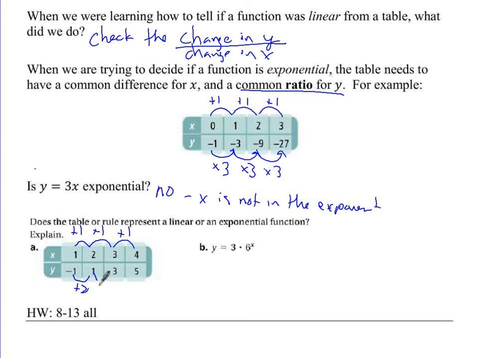Plus 2, plus 2, plus 2. So is that an exponential function? If we're adding 2 in y each time. No, it's not. What is it, actually? We're changing the same amount each time here. We're adding. Same amount each time here. We're adding. So that's linear.